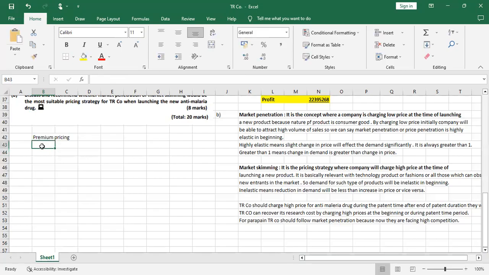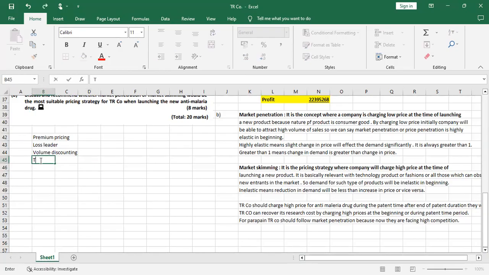Premium pricing is again the same, you are charging high prices. Or you can suggest loss leader. Loss leader is the one who will initially launch its product at lower price than the cost. Then you can suggest volume discounting. If a customer places a high volume, then they will get the reduced prices. So it is also a strategy.